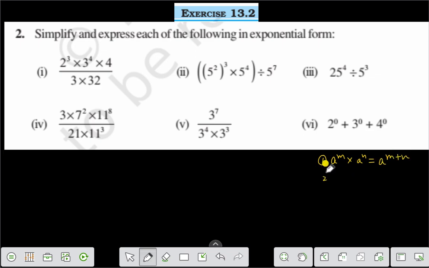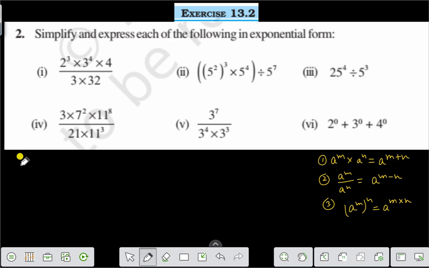And the second formula is a to the power m divided by a to the power n is equal to a to the power m minus n. And the formula for third is a to the power m to the power n can be written as a to the power m into n, right?